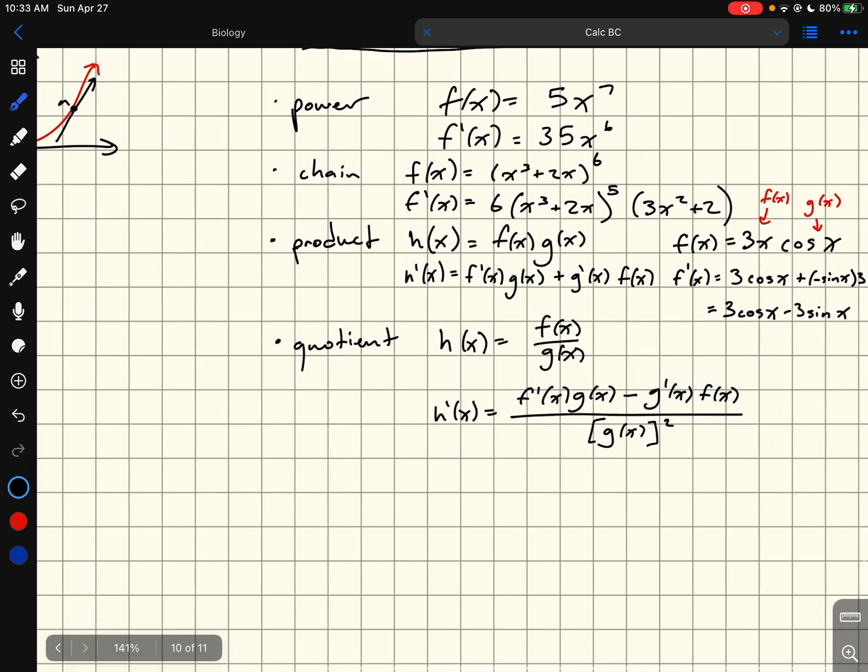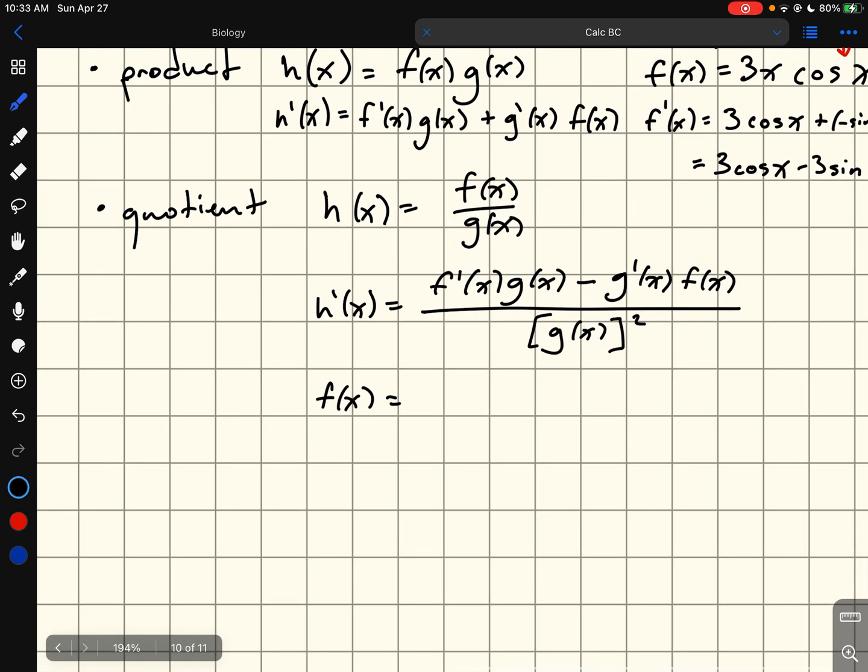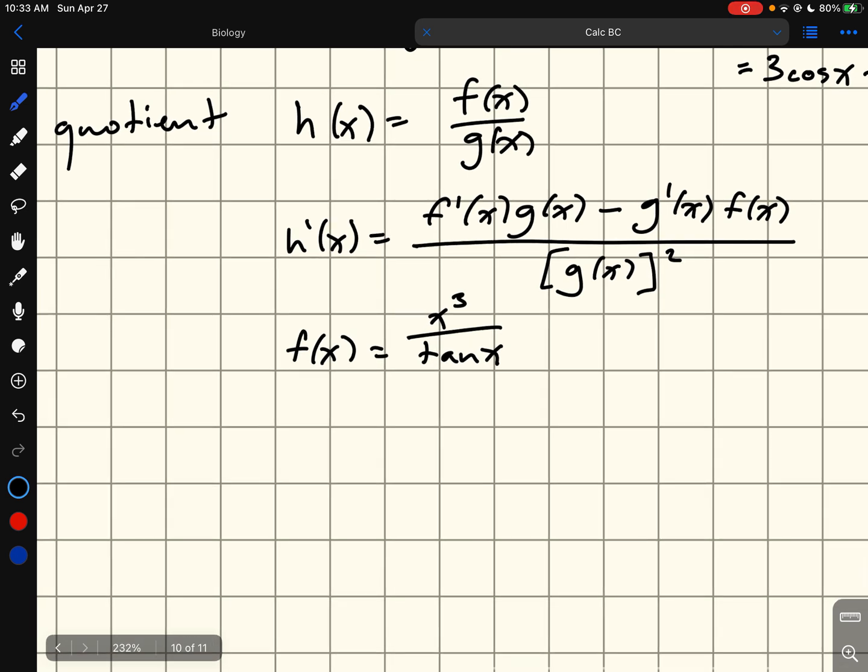Okay? So if we had an example, let's say we had x cubed over tangent x, then the derivative would be the derivative of the first one.